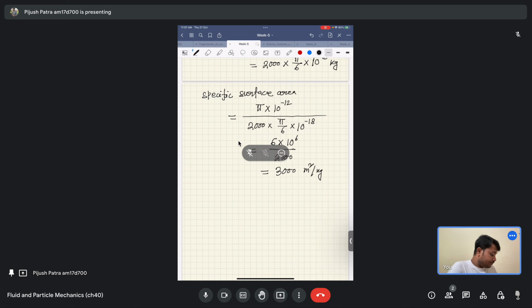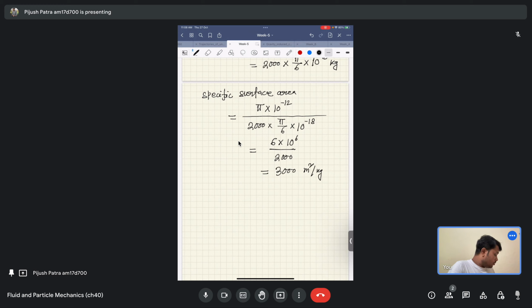Here we actually talked about geometric similarity, dynamic similarity, and kinematic similarity. All three sorts of similarity should be there for applying the principles of similarity.